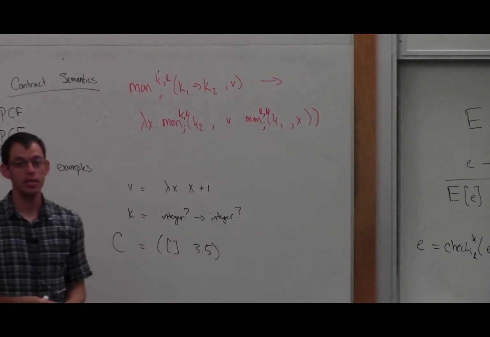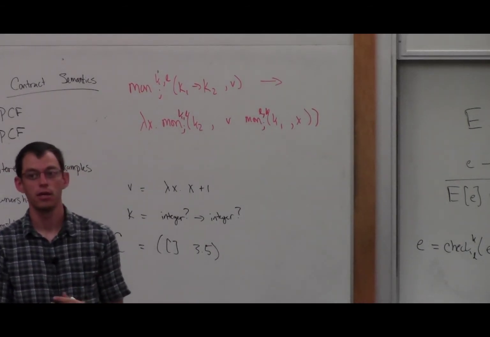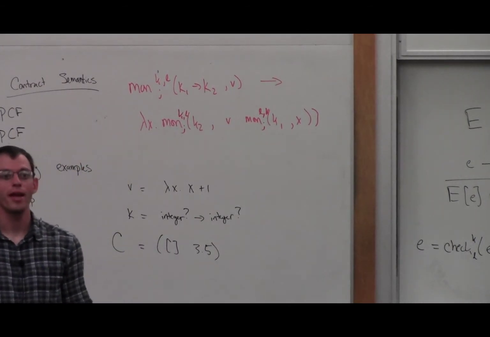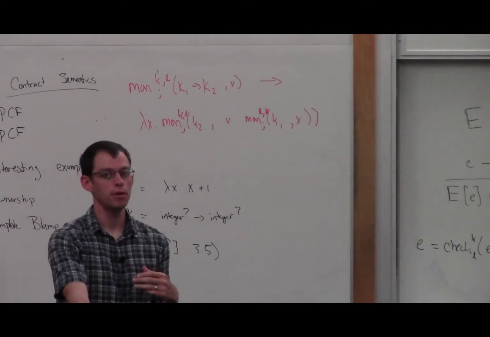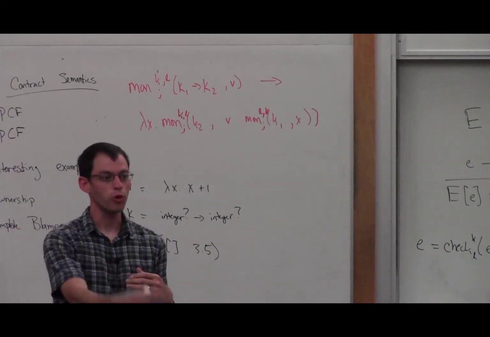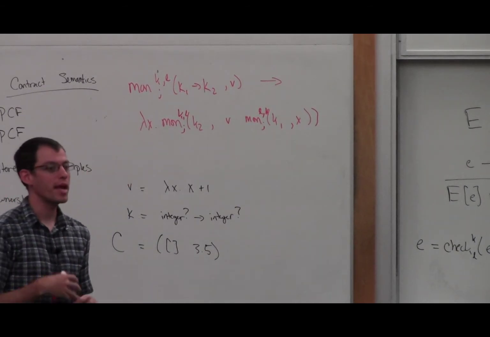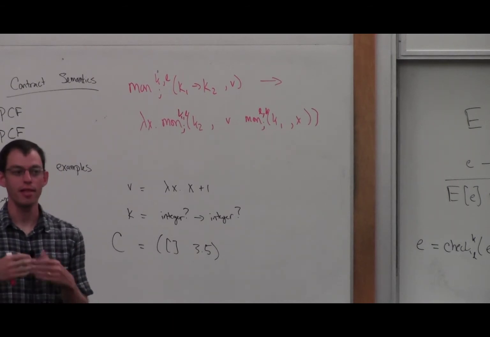And this is one of the key insights for understanding how contracts work, which is that when you go from first order to higher order, you have to maintain this notion of both the context and the value.